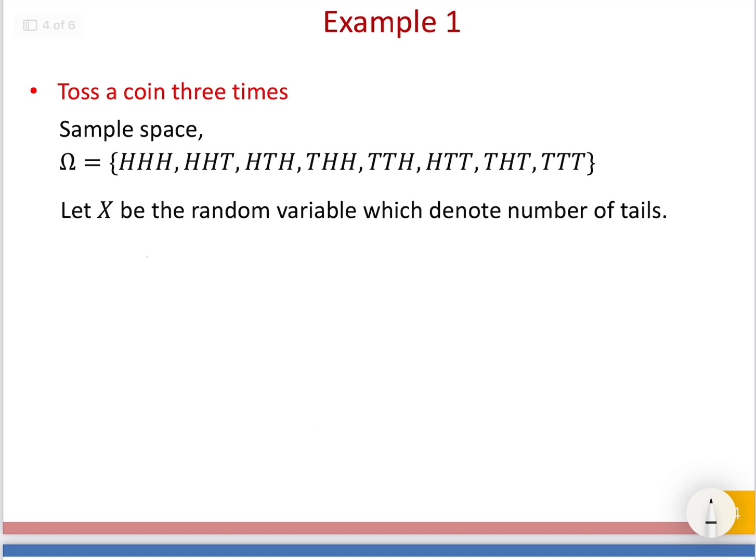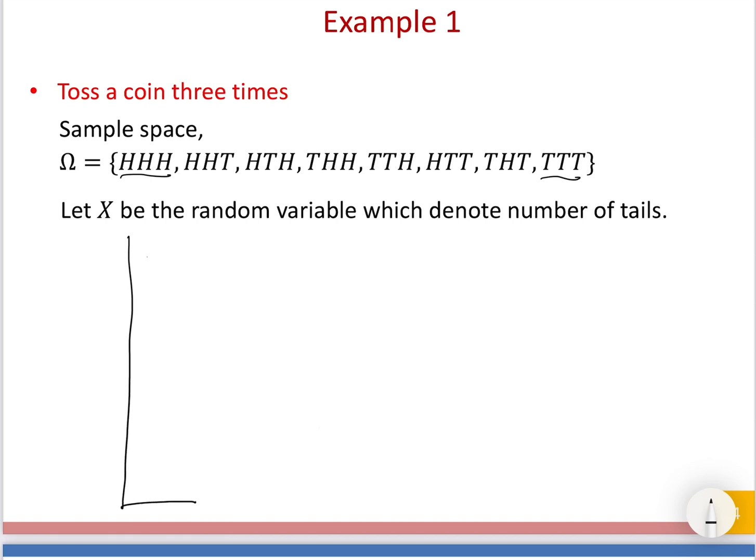Toss a coin 3 times. All the possible outcomes of this experiment are written here. It has 8 possible outcomes. The first one is head head head, then head head tail, and so on. Let us suppose the last outcome is tail tail tail.